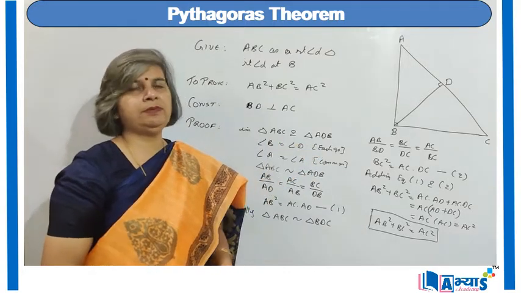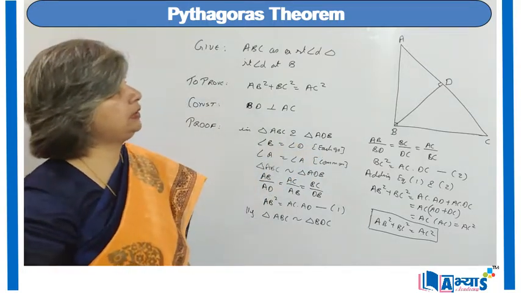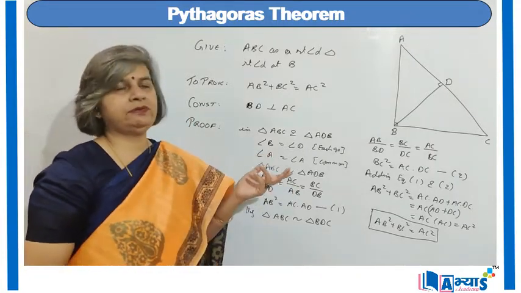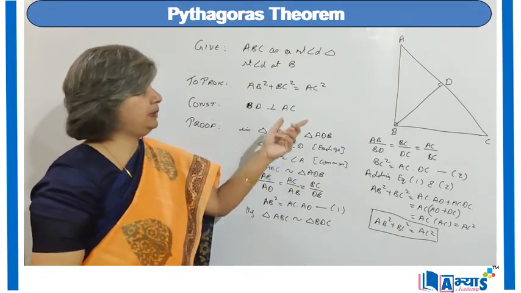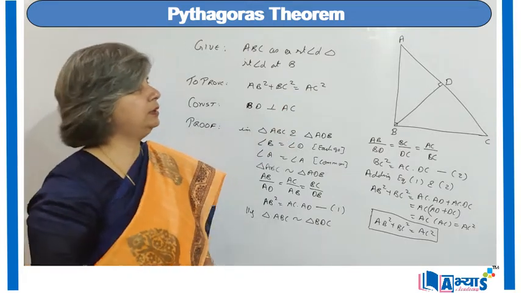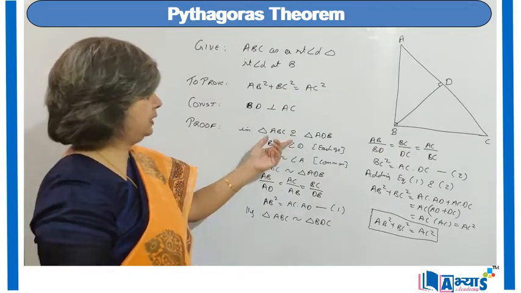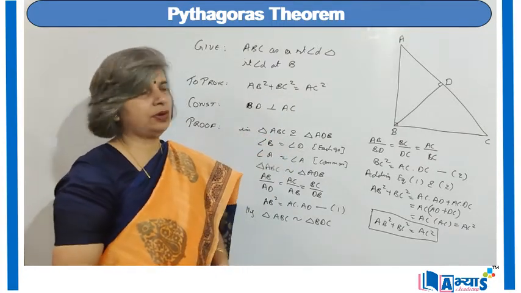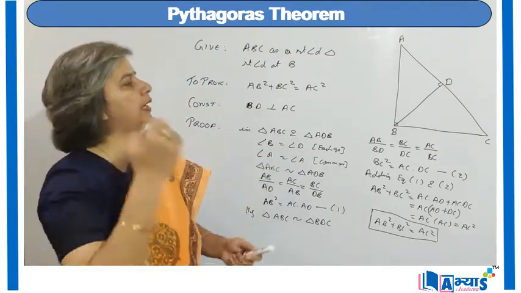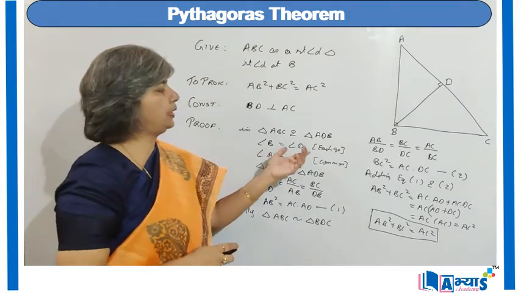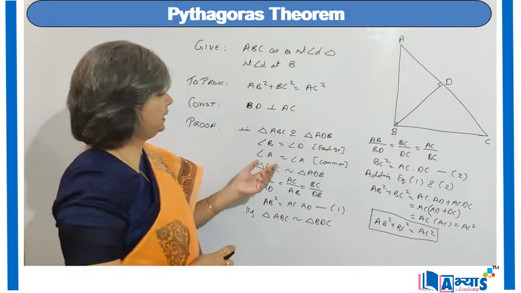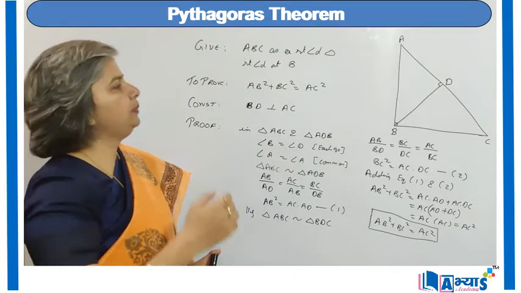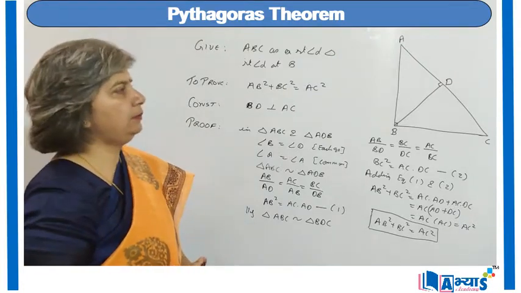We have drawn BD perpendicular to AC, meeting AC at D. In the earlier video also we have said that triangle ABC is similar to triangle ADB, and I have proved it here also, because angle B is equal to angle D, each is 90 degree, and angle A is equal to angle A because it is common in both. So the triangle ABC is similar to ADB.